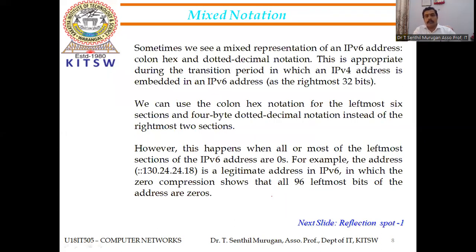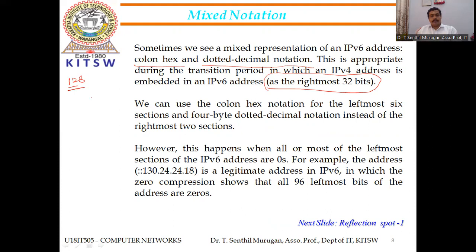So mixed notation. Mixed notation means colon hexadecimal notation mixed with dotted decimal notation. How is it possible? Somewhere we want to mention an IPv4 address within an IPv6 address. For that, the rightmost 32 bits will be allocated for the IPv4 address. These 128 bits are there, no?